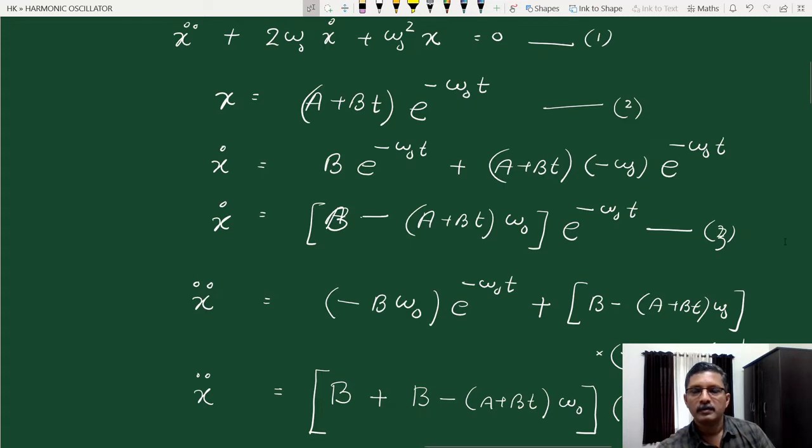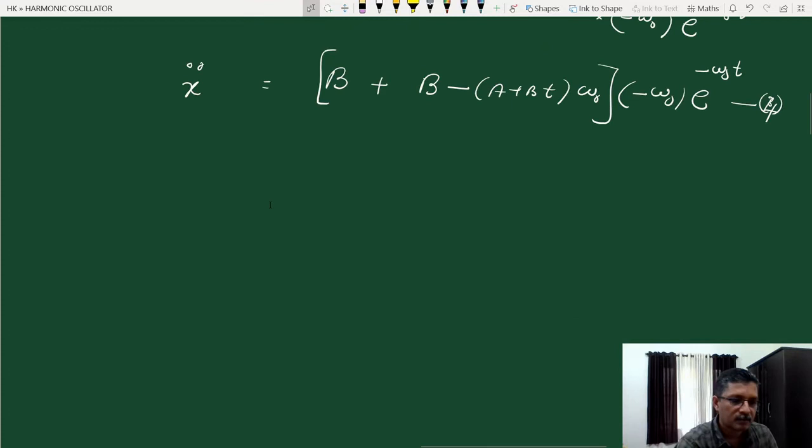We will substitute x dot and x double dot in equation 1 on the left hand side, and see if the terms in the left hand side add up to 0. Then it means that x given by equation 2 is the actual solution of this equation of motion.